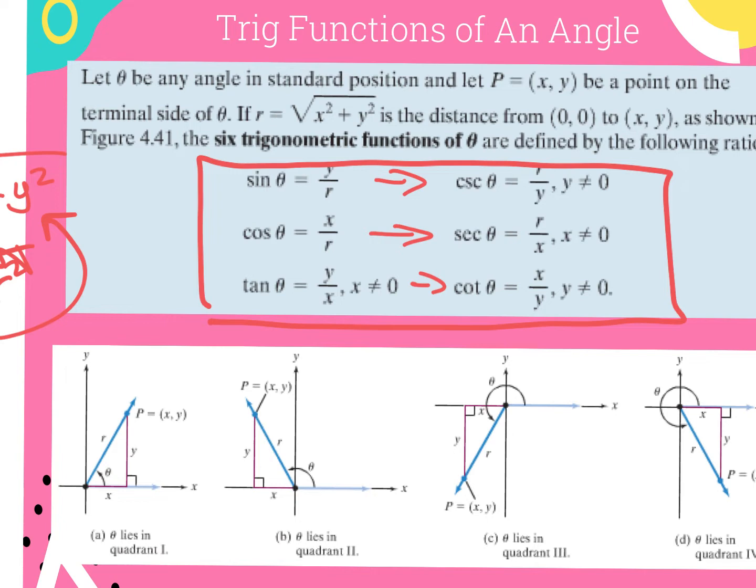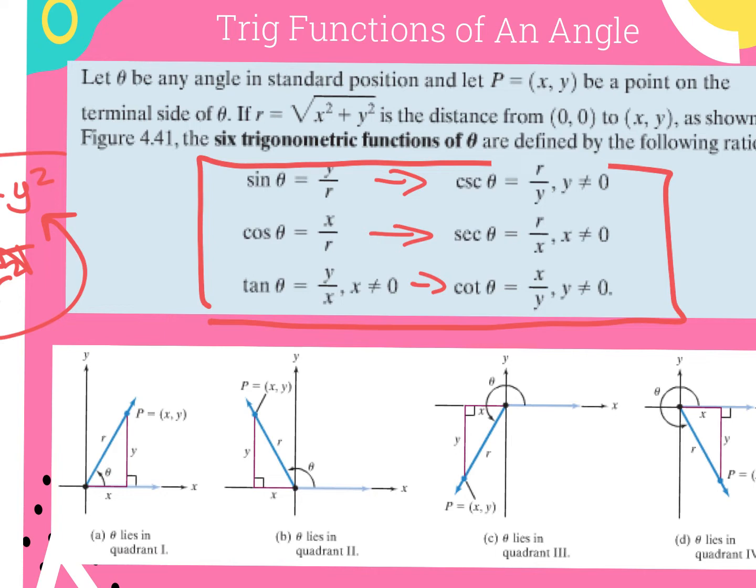Now, on these ratios for tangent and cotangent, the denominator can't equal 0. Otherwise, it's undefined. Then the reciprocals: the reciprocal function to sine is cosecant, so you just flip the fraction. It's then r over y.